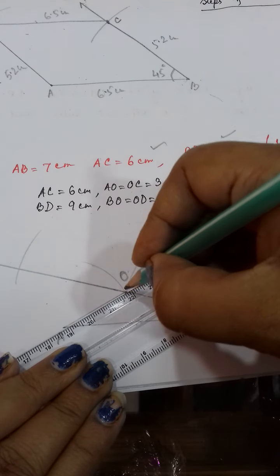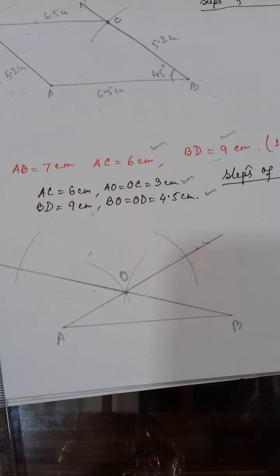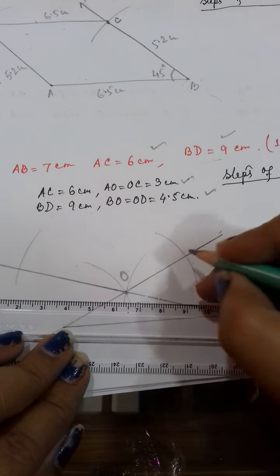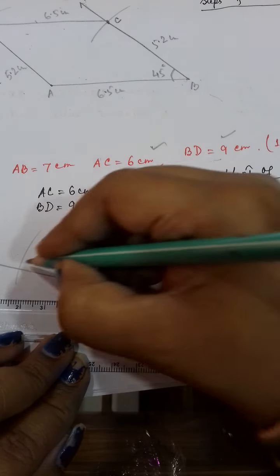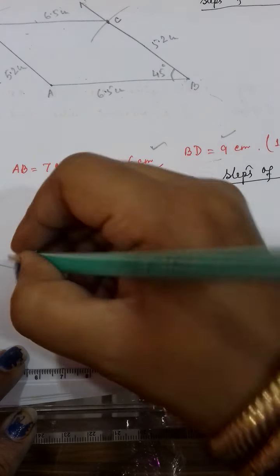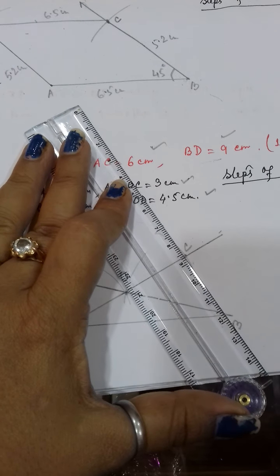Straight way you will produce with O as the center. Clear? After producing, now you join these two intersecting points. So A, B, it will be C, it is D. Now you join the points.